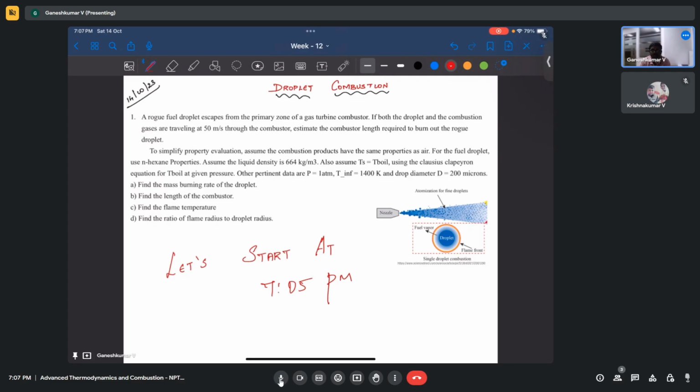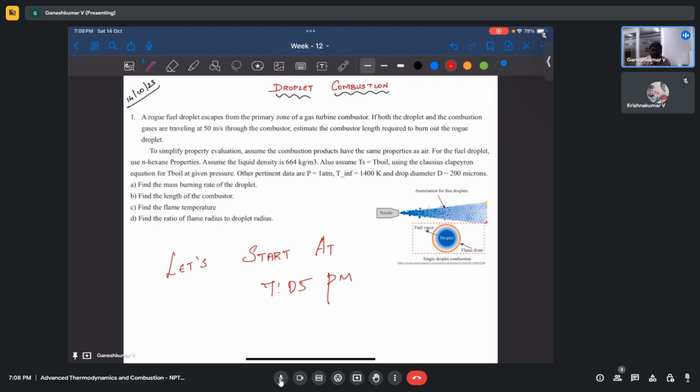CI engines, right? In CI engines, we spray the diesel inside the combustion chamber, and what happens is the liquid droplets sometimes may evaporate because of their very small size. It might evaporate, and then the gaseous fuel and gaseous oxidizer react and form the products.